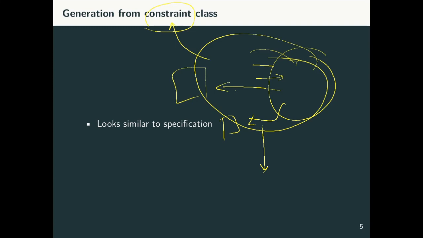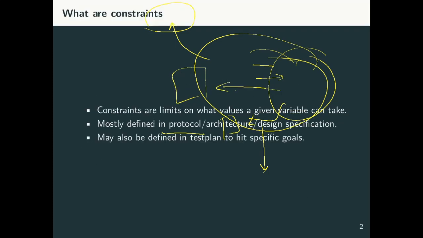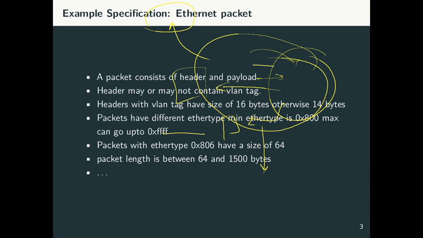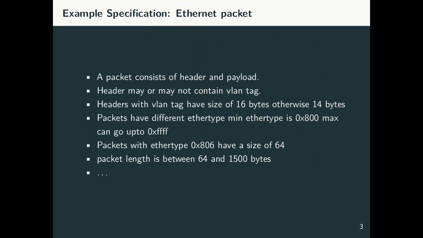It tends to have a one-to-one correspondence with our specification. So if you look at our Ethernet packet specification, each line over here would result in one line of constraint. And if at a later date in our test case we wanted to further constrain this class, we don't have to subclass it or do any filtering on the output or modify this.